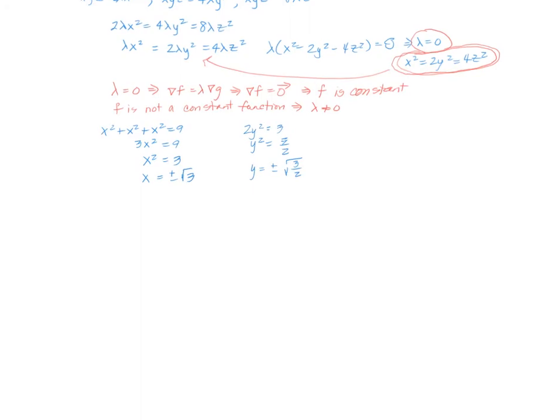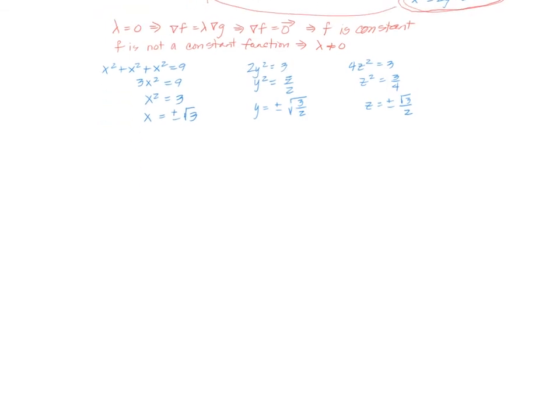And then we could do that for the 4z squared as well. 4z squared is equal to x squared, which is 3, regardless of whether it's a negative square root of 3 or a positive square root of 3. So z squared is equal to 3 over 4. z is equal to plus or minus the square root of 3 over 2.